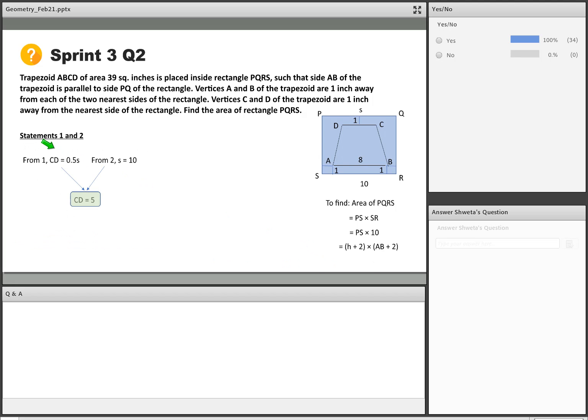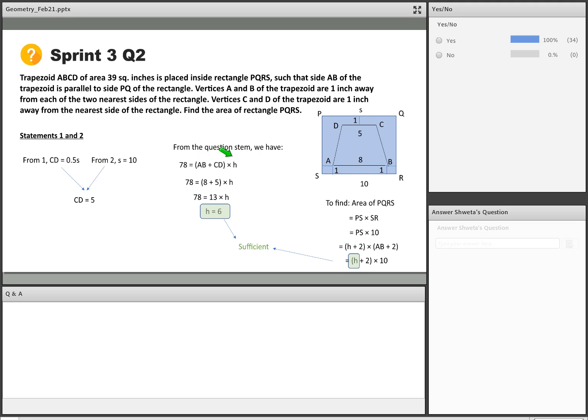From statement 1, you had found CD as 0.5S, and from statement 2, you found the value of S only, which was 10. So if you put that here, you get the exact value of CD. You already had the exact value of AB from statement 2. That was 8. Now with this, what else can I do? Well, the question stem is still there for me. Don't forget that. 78, I know AB now, I know CD now.